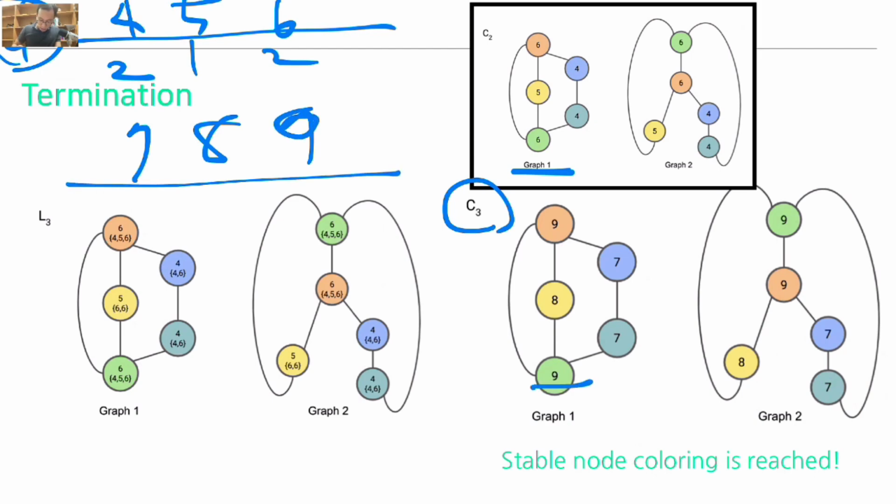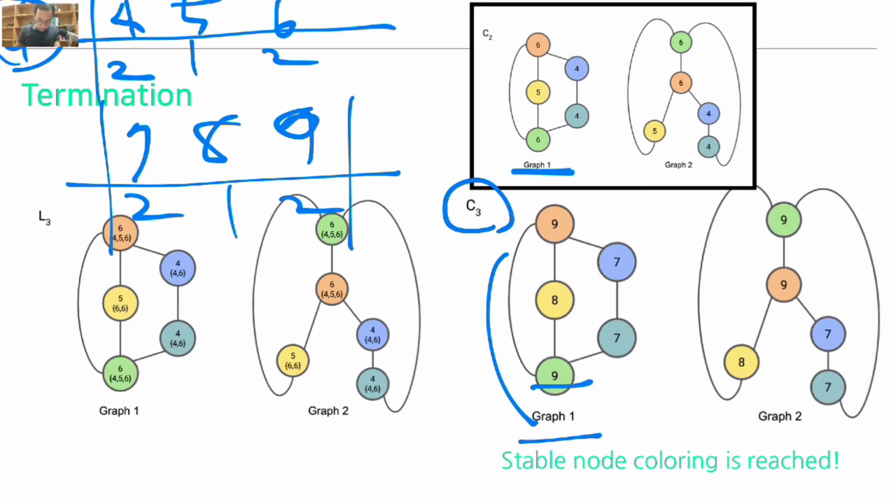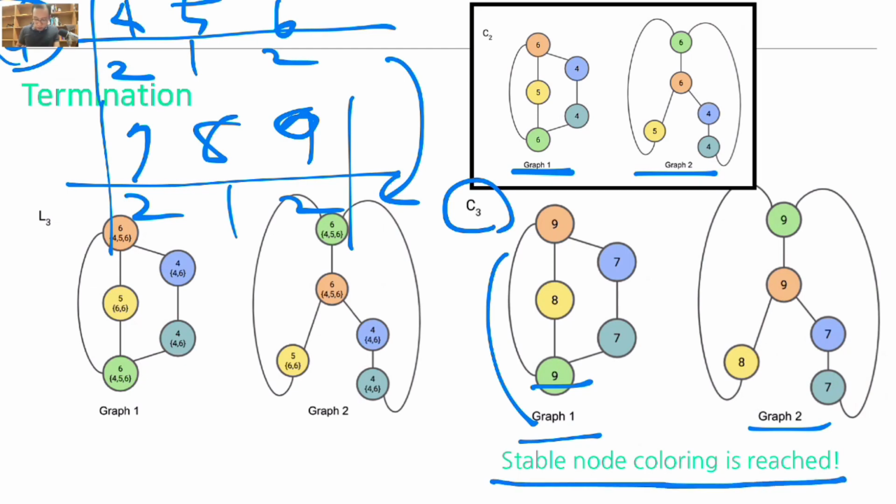These are the hashed labels. When we count their occurrence in graph 1, we have 2 7s, 1 8, 2 9s. It looks like they're not changing. So you have the same color count representation from G2. By looking at this information, we are able to conclude the stable node coloring is reached.